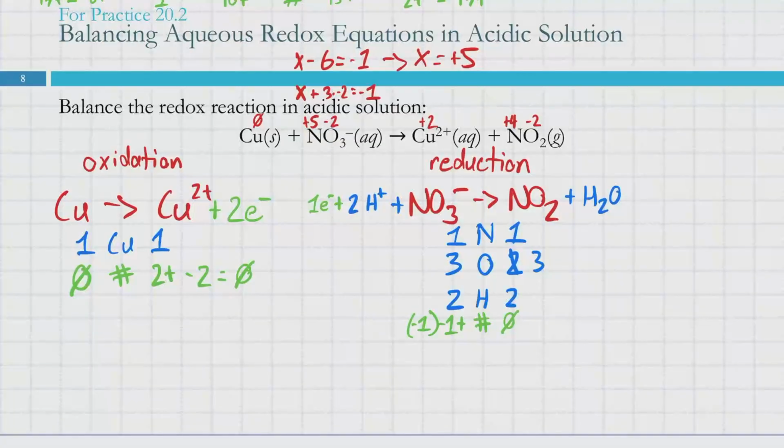I'm going to write it as a -1. And that'll get the charges balanced. So we've got overall 0 and 0 for both of our half reactions. What's our next step?